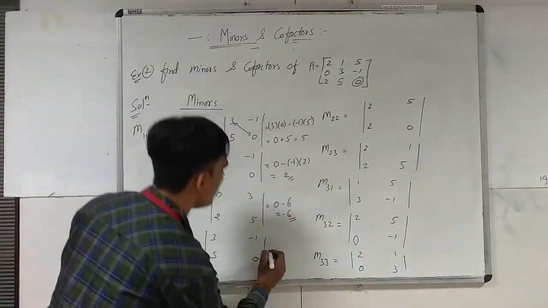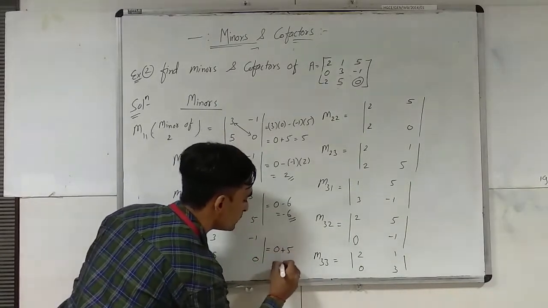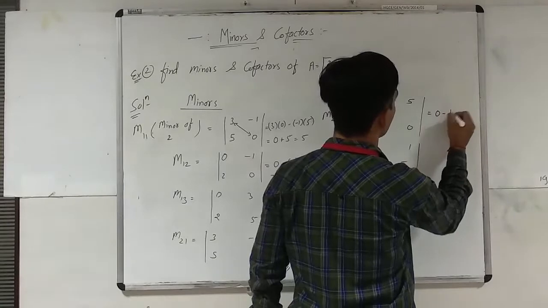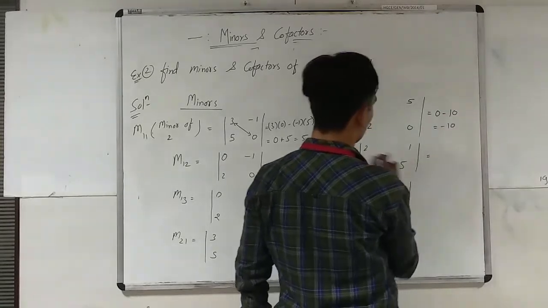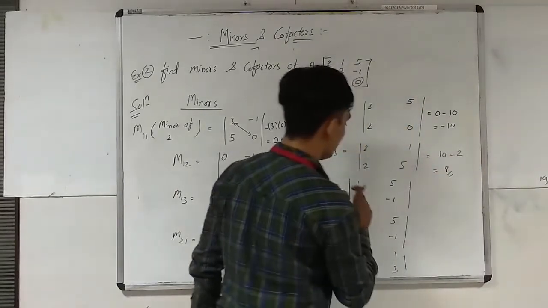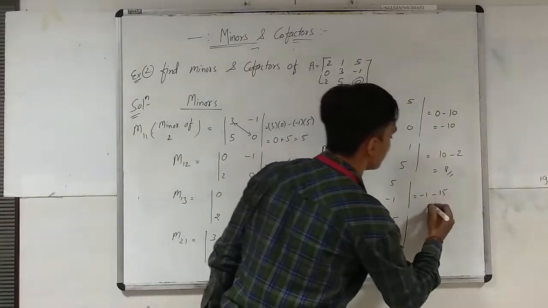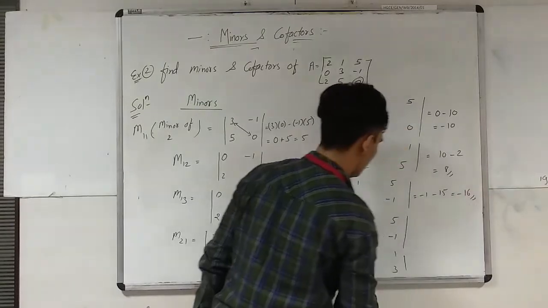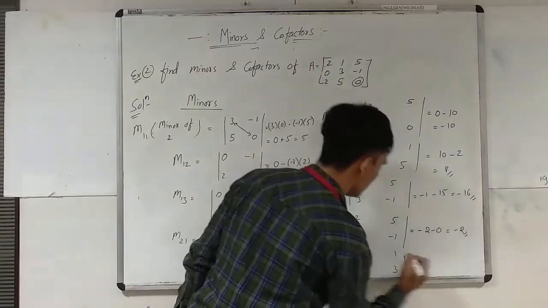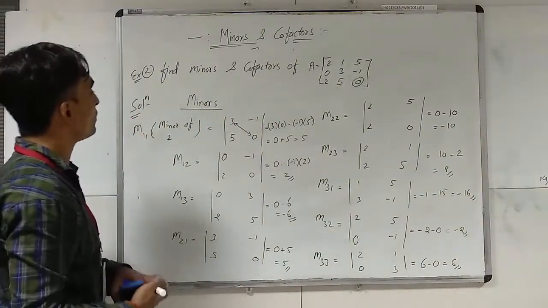This one, 0 minus minus 5, so it is 5. Same way, 0 minus 10, so it is minus 10. Then 2 into 5, 10 minus 2, so it is 8. Minus 1 minus 15, 5 threes are 15, so it is minus 16. Same way, minus 2 minus 0, so it is minus 2. Same way, 6 minus 0, so it is 6. This is your minor part.